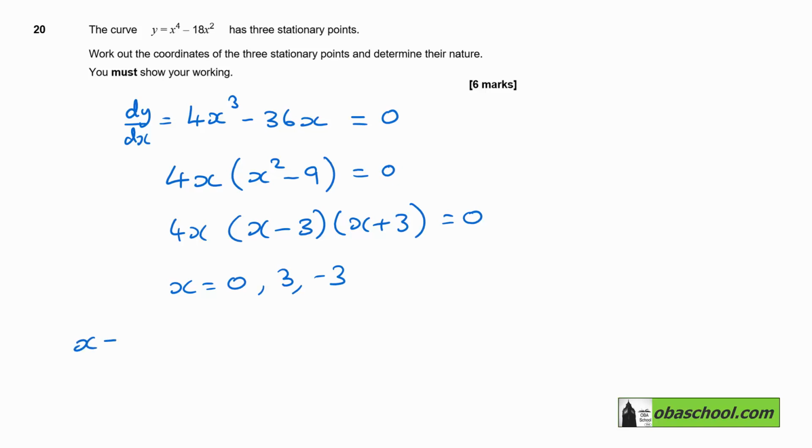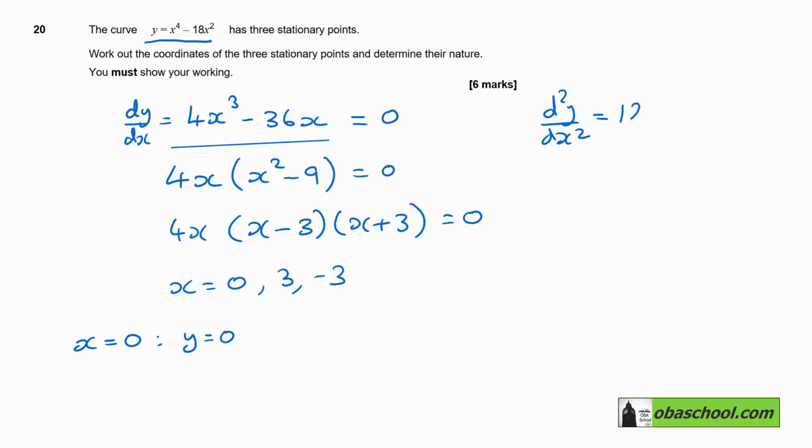So let's look at x equals 0. First thing to note, substitute x equals 0 back in, that y will be equal to 0. Now what we're going to do is consider the second differential, d2y dx squared, which is what we get when we differentiate dy dx again.